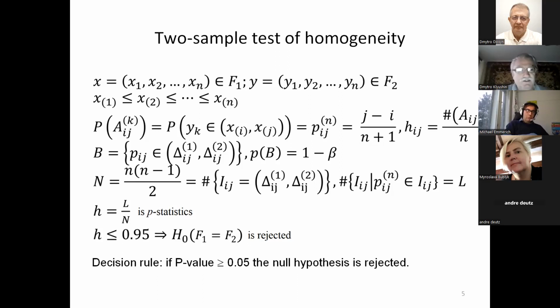If this relative frequency is more than 0.95, then the distributions are the same, and if the relative frequency is less than 0.95, we reject the null hypothesis.